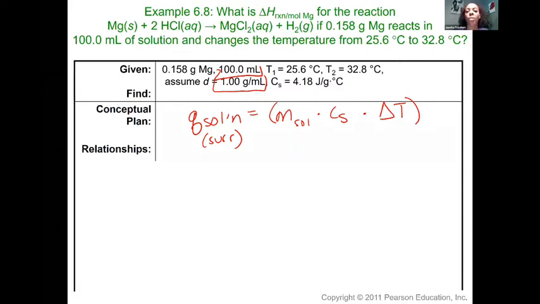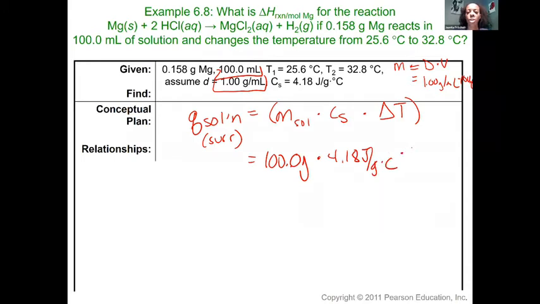If we have a volume and a density, we can calculate the mass of the solution by taking density times volume, which is 1 times 100. That gives us 100 grams. Make sure you're putting the right grams here. That's where I see a lot of students' downfall in this type of problem. The specific heat for water is 4.18 joules per gram Celsius.